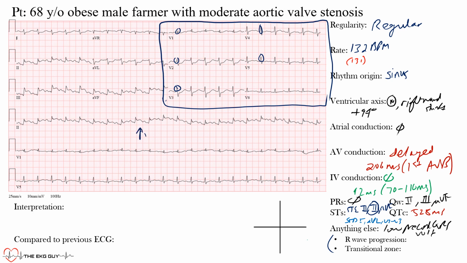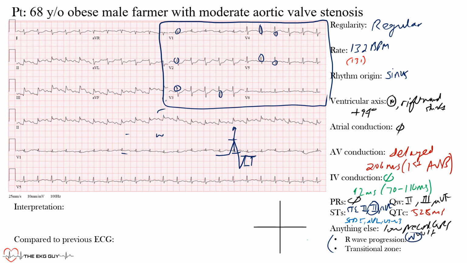Normal R-wave progression is increased R-wave amplitude from V1 to V5, or an increase in the R-wave to S-wave ratio. You want to see the R go up and the S eventually go down, or at least get smaller in amplitude. As you can see here, the R waves progress and slowly the S waves decrease. So I would say this is normal R-wave progression, nothing concerning at this point.